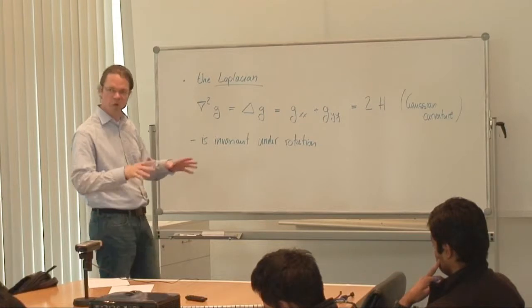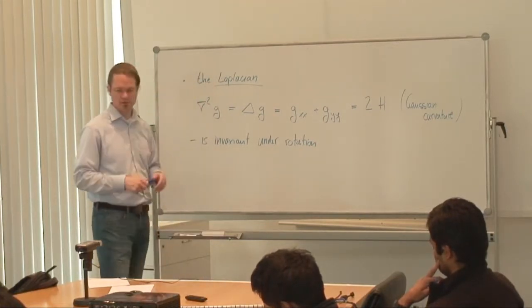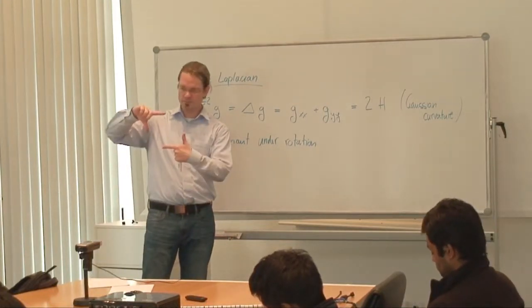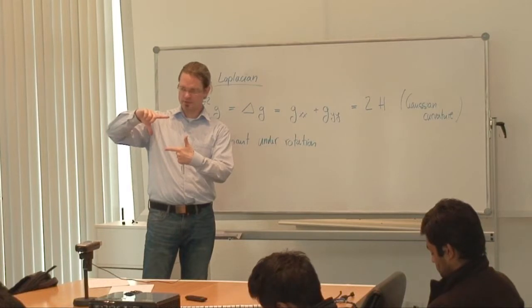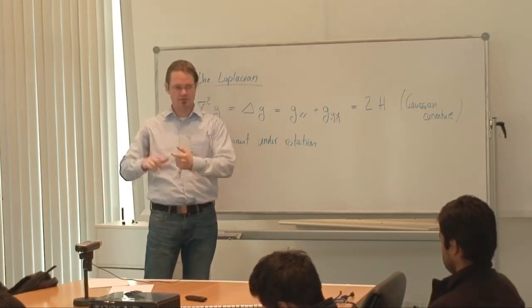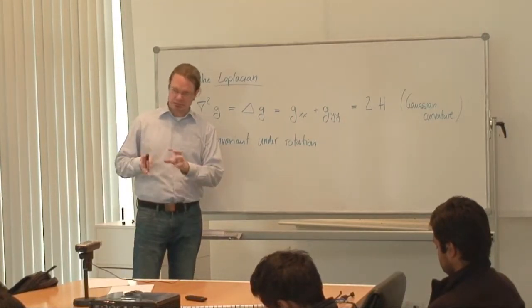So this is an invariant property of a surface, which is great, because that tells us that if we take a picture of the same scene where the camera is slightly rotated, if we were to compute the Laplacian for every pixel, it should be more or less the same.